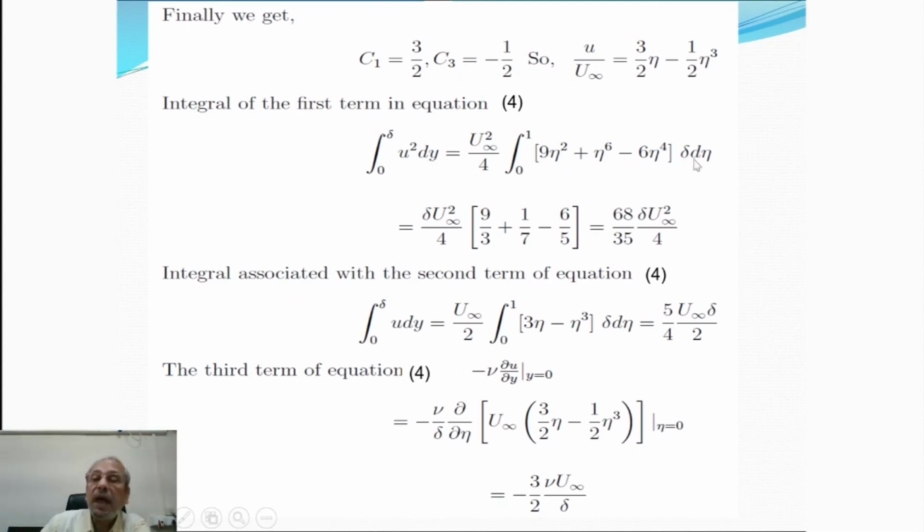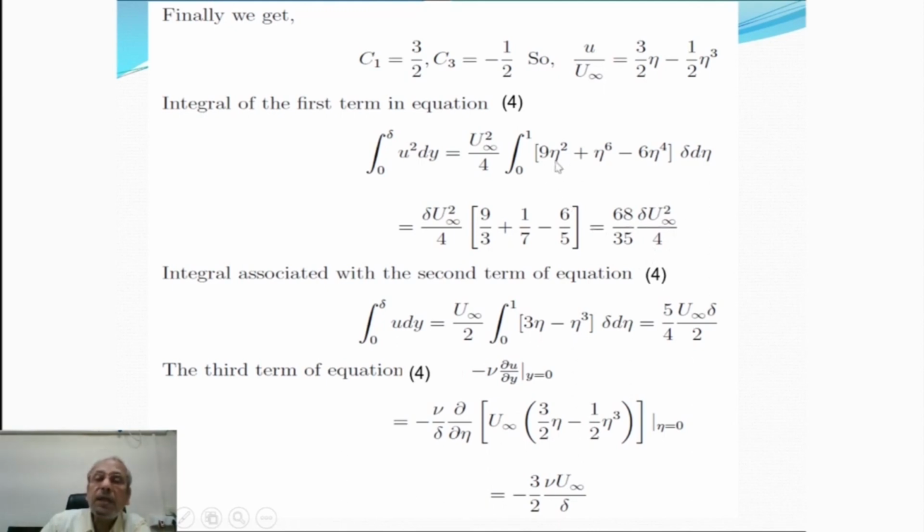After integrating, we get 9 eta cube by 3 plus eta to the power 7 by 7 minus 6 into eta to the power 5 by 5, and then we substitute eta equal to 1 for the upper limit and 0 for the lower limit.